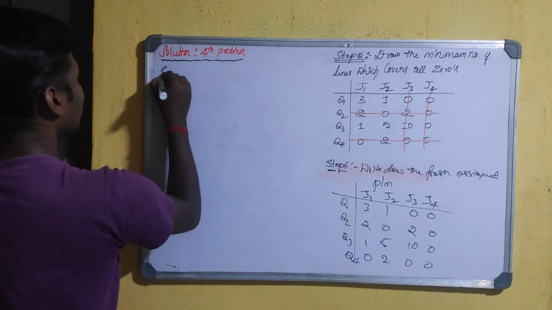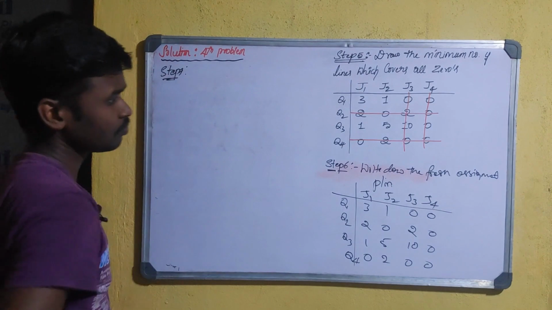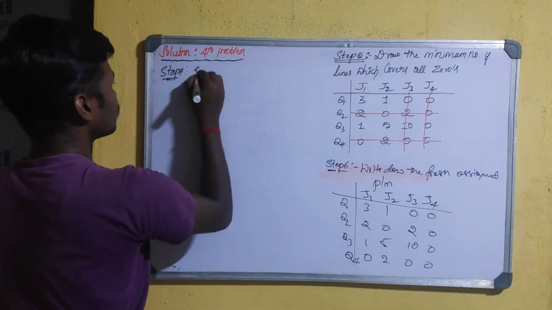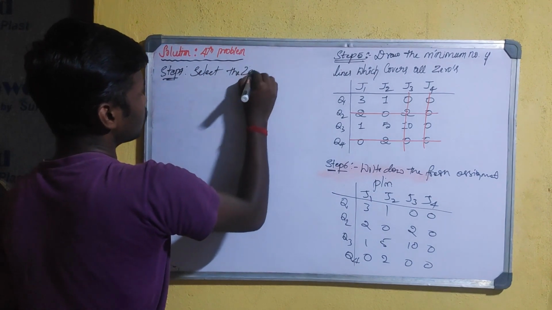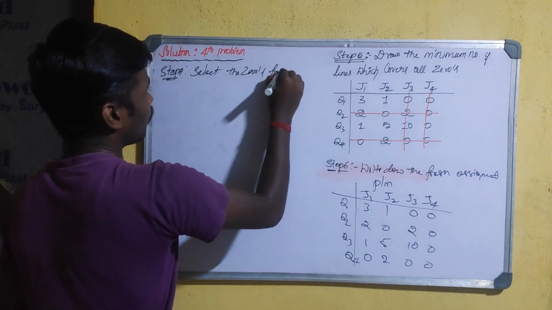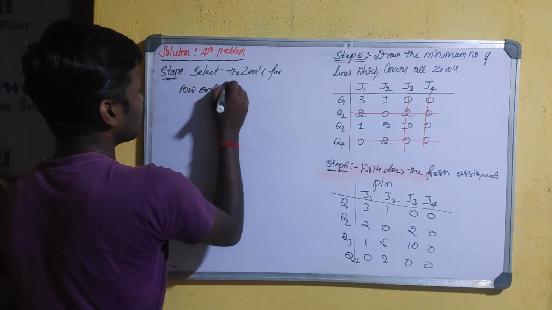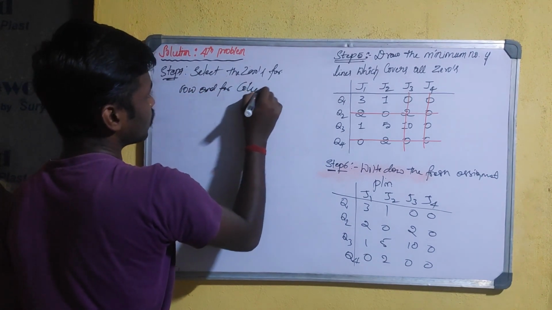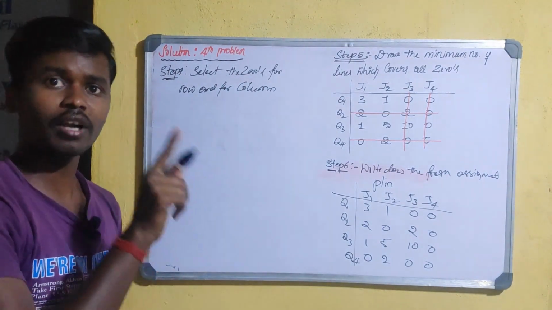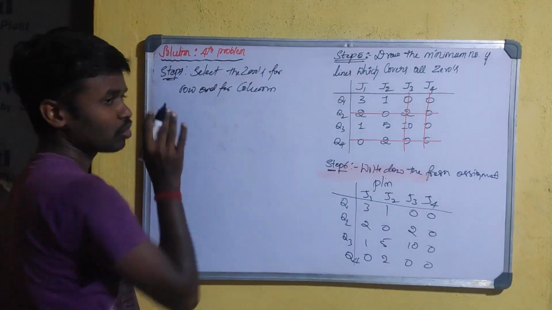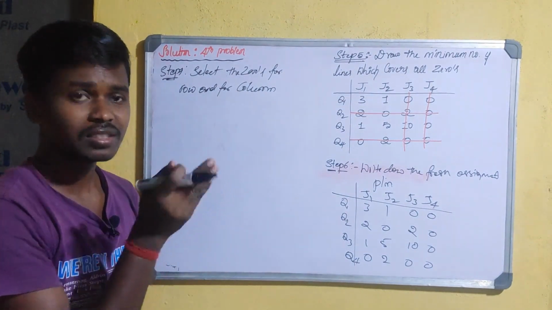Next, step number 7. What is step number 7? We have to select the zeros for each row and each column. We have to select only one zero for one row and one column. We should not select the same zero, or a repeated zero, in the same column or the same row.